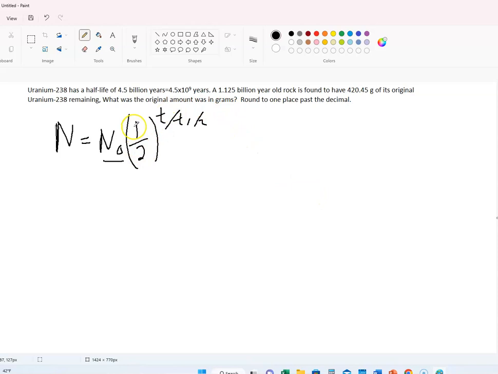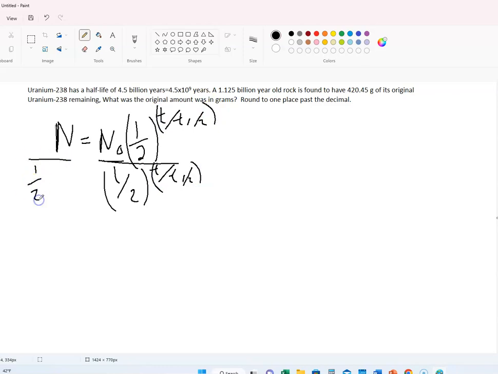So what we're going to have to do is put this stuff on the other side of the equation. It just goes in the denominator. All we're going to do is divide both sides by 1/2 to the t over t 1/2, which should be in parentheses too.